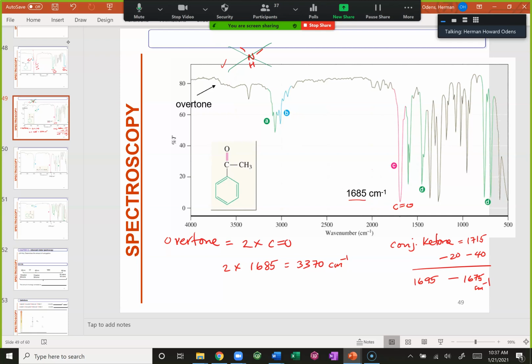So this overtone, kill it. All right? So trace the magic line at 3000. Anything on the left side of that line is sp2 CHs. Anything on the right side is sp3 CHs.